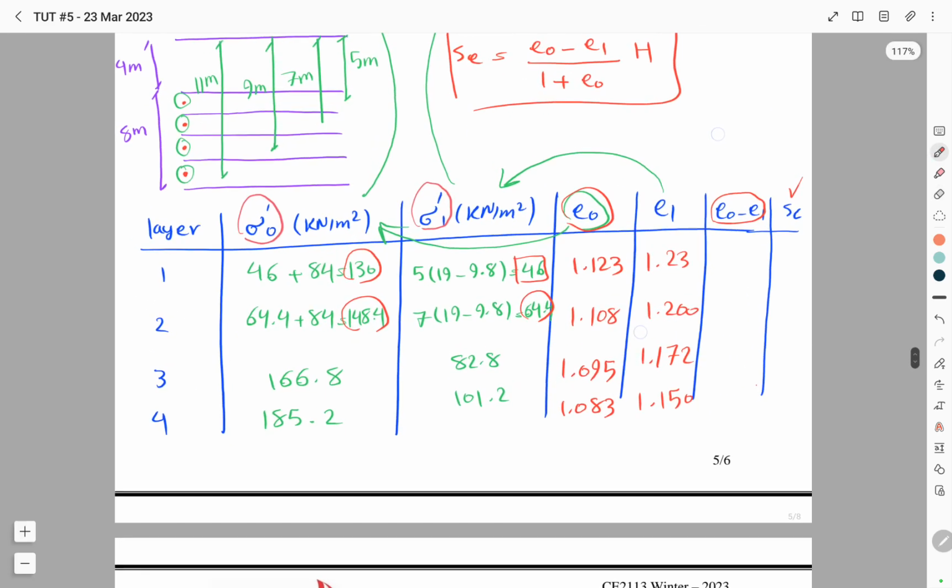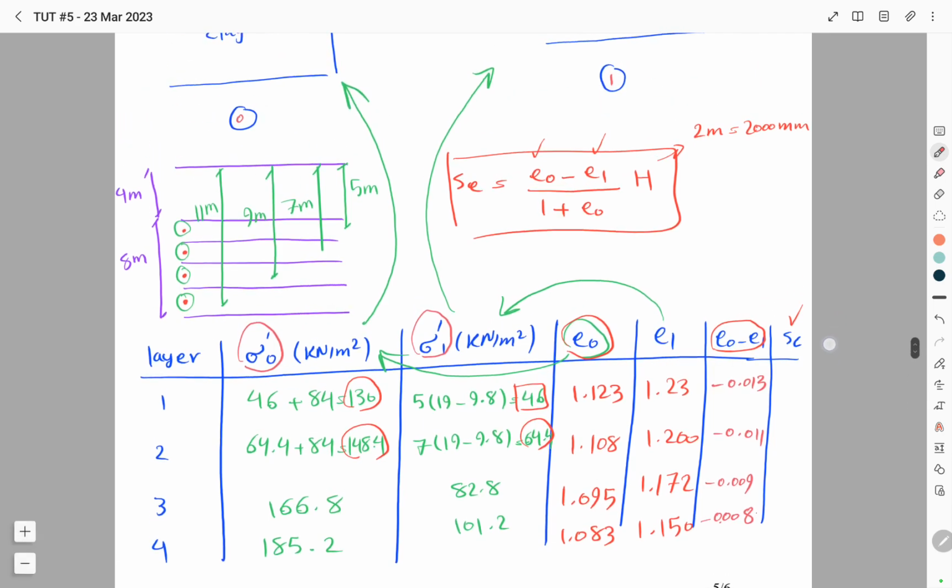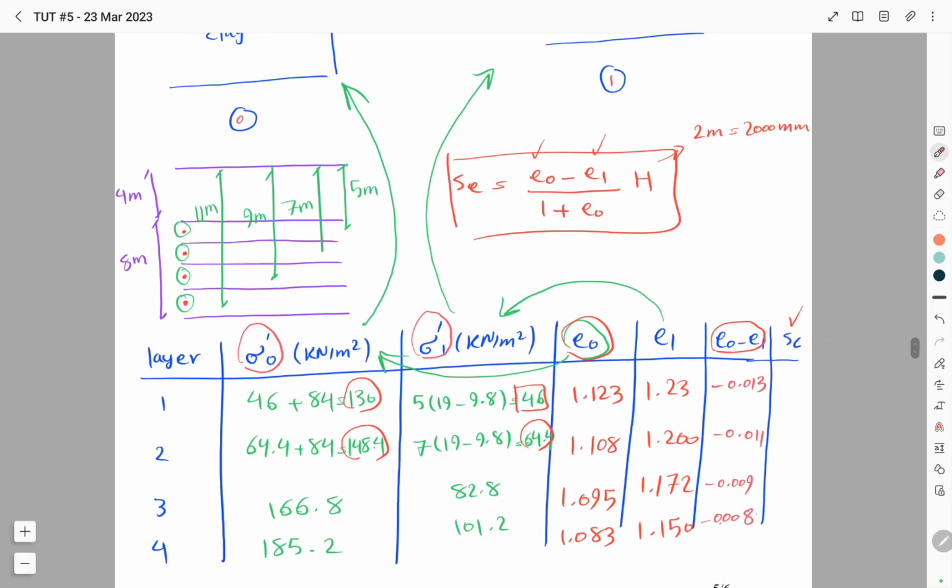So this is going to be negative 0.103, negative 0.0, sorry, 0.11, negative 0.009, negative 0.008, and we are going to use the same equation for SC.